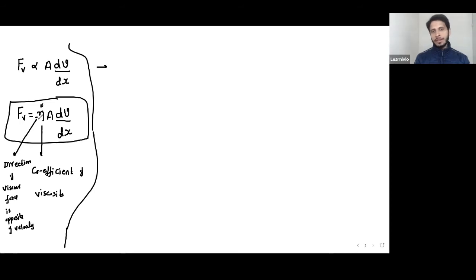Water has a different density, air has a different density. In the same way, the viscosity of air is different, water is different. So different fluids have different coefficients of viscosity. It's just like density or refractive index.